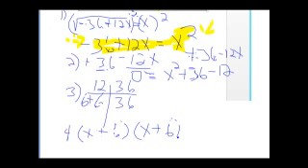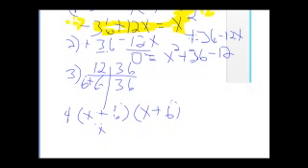So x plus 6. We need to get 6 over to the other side of the equal sign, because right now x plus 6 equals 0.